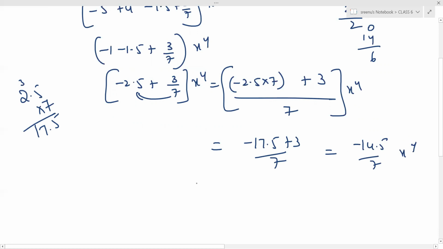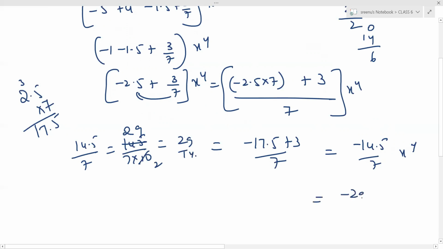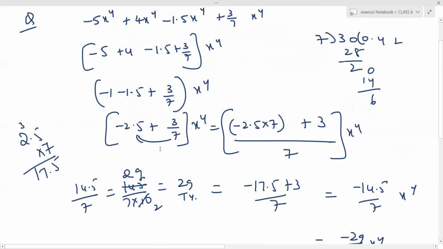You can write the decimal as 145 by 7 into 10, which gives minus 29 by 14 x power 4. Please check this once.